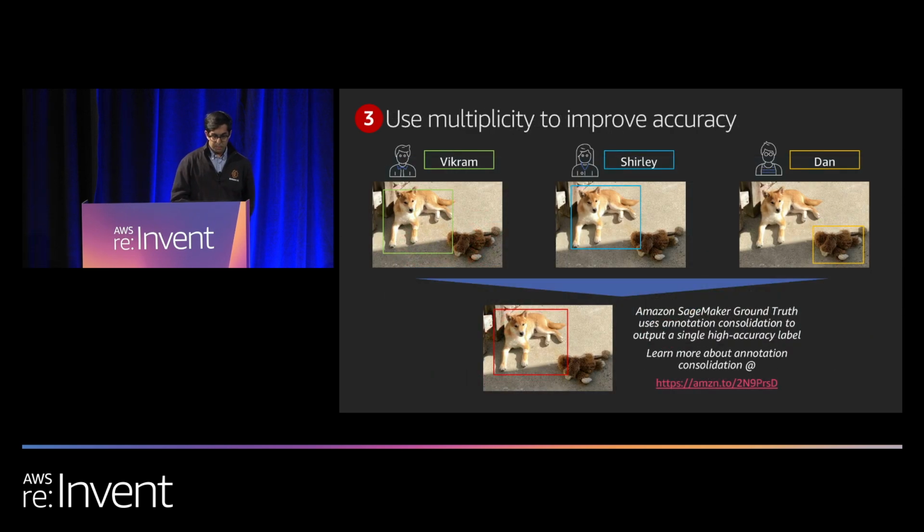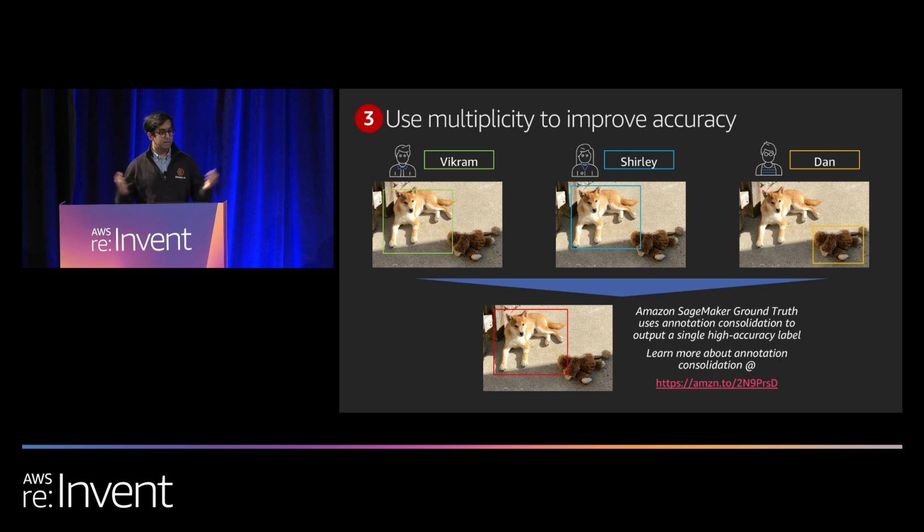So best practice number 3. This is where we talked about the annotation consolidation algorithms that we use. We take input and signal from multiple workers and output one high fidelity label, right? So in this picture of Bubbles sunning himself, you can see we sent that image to 3 workers, Vikram, Shirley, and Dan.